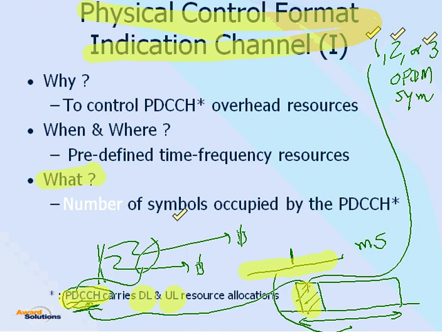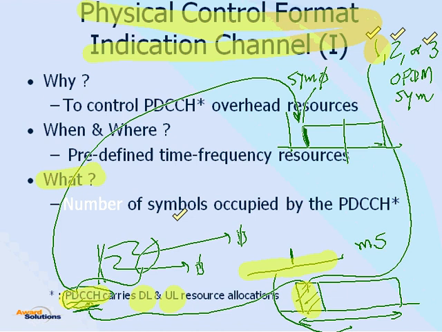So if we find out that right now it is only 1, it means that inside this subframe, I just need to look at the first OFDM symbol, symbol number 0, and look at the control channel inside only that symbol to see if there is any allocation or not. That is the idea. So in summary, the control format indication channel will tell us how many symbols are occupied by the control channel inside that subframe.